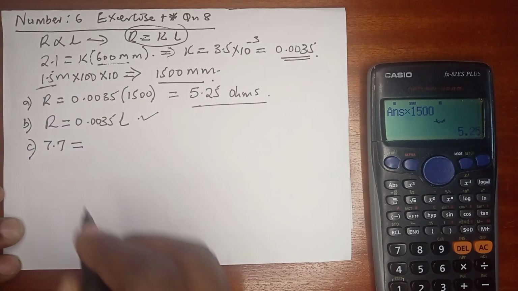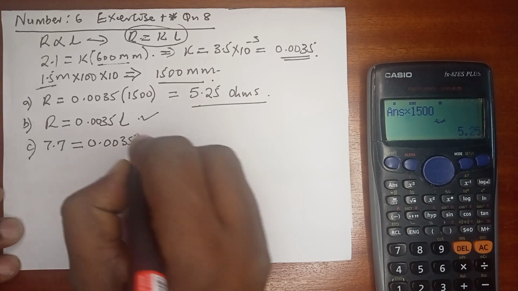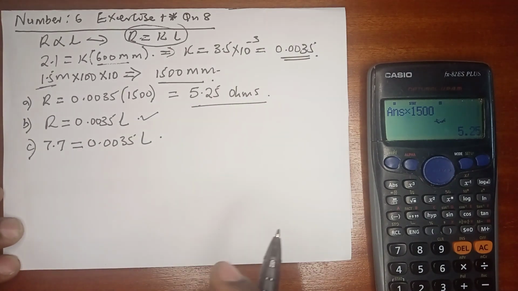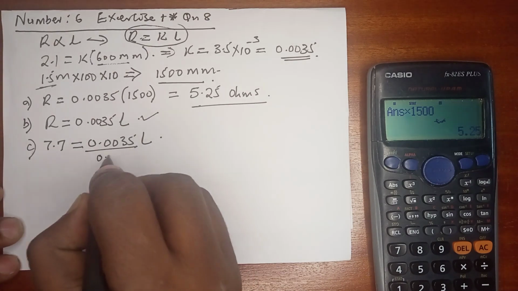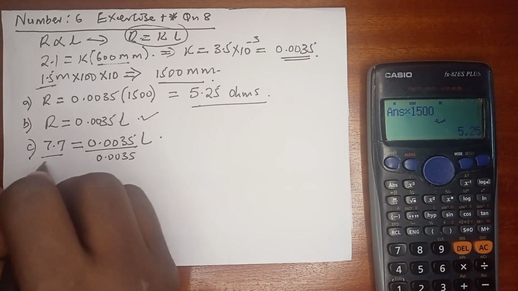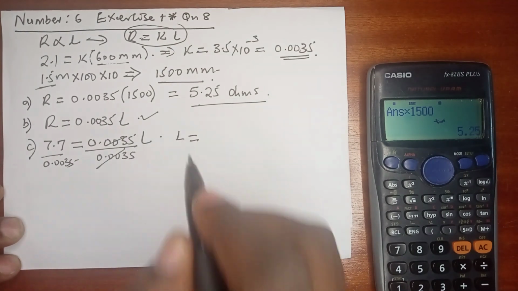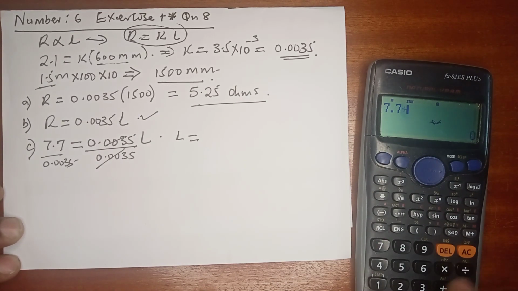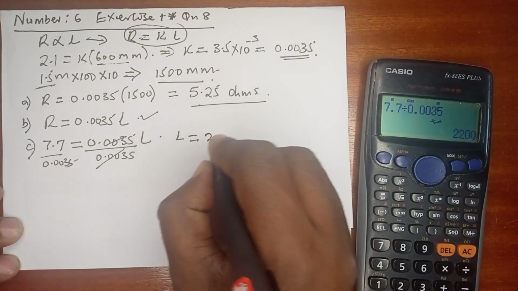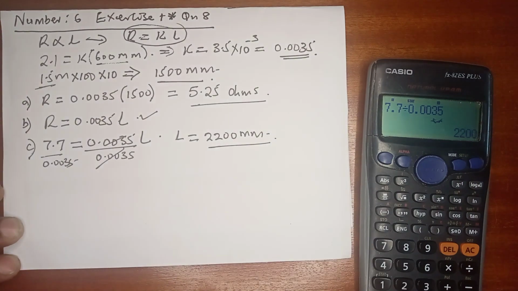We need now the L, but the constant K never changes: 7.7 equals 0.0035 L. To make L the subject of the formula, we must divide both sides by 0.0035, and we find that L equals 7.7 divided by 0.0035, which is 2200 millimeters, because we have been working with millimeters.